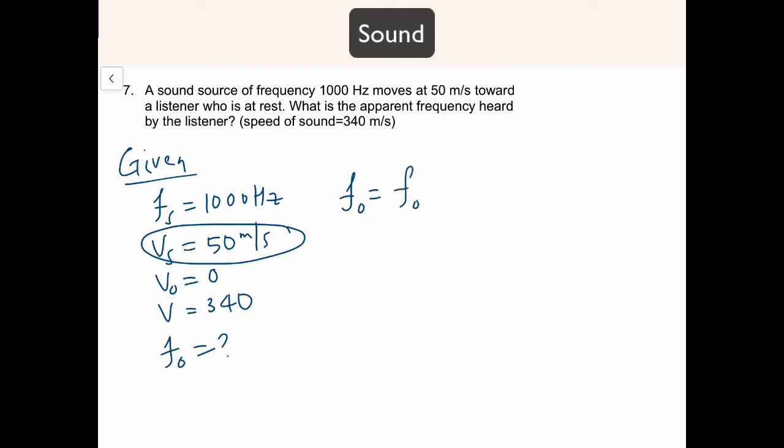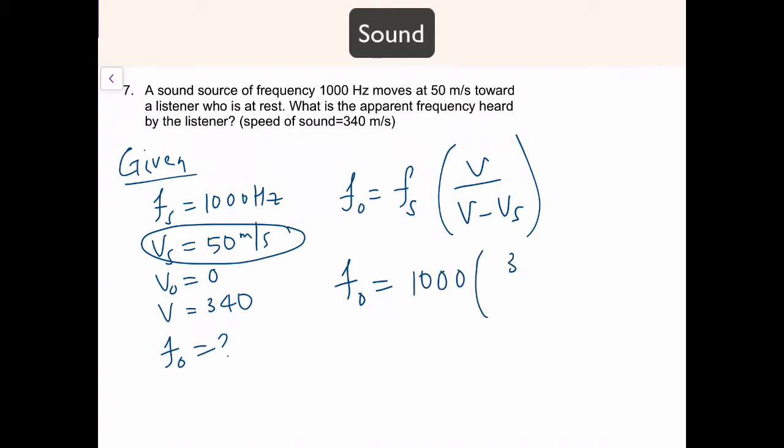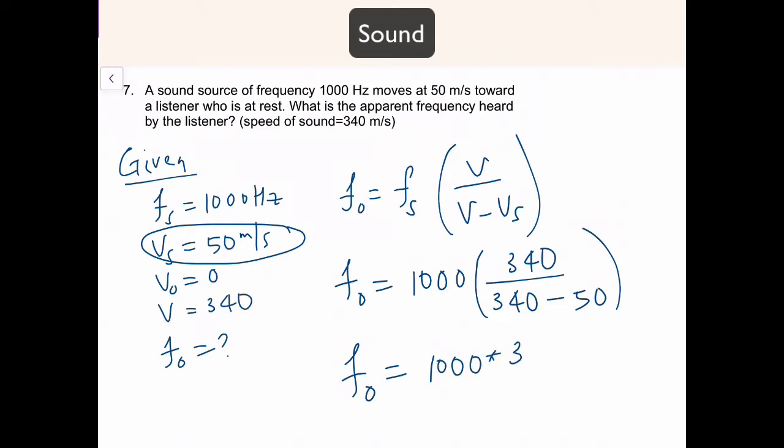F naught, or frequency observed by the observer, equals frequency of the source times v divided by v minus vs. So f naught will be equal to fs is 1000, v is 340, over 340 minus vs. Your vs has to be positive. So therefore you can find f naught as 1000 times 340 divided by 290.